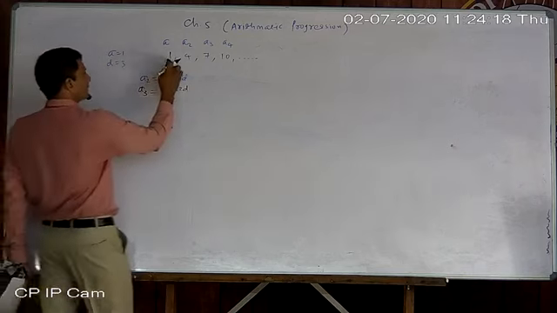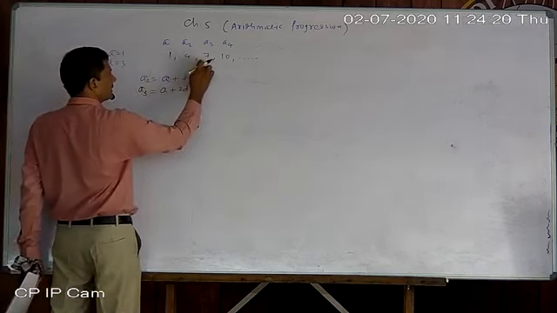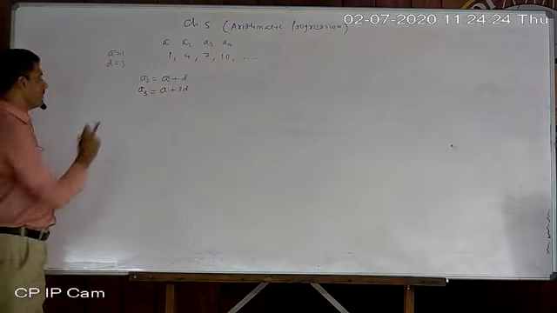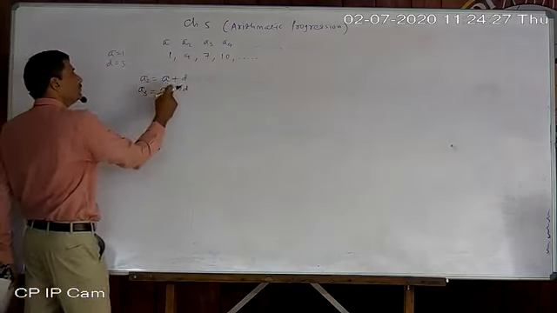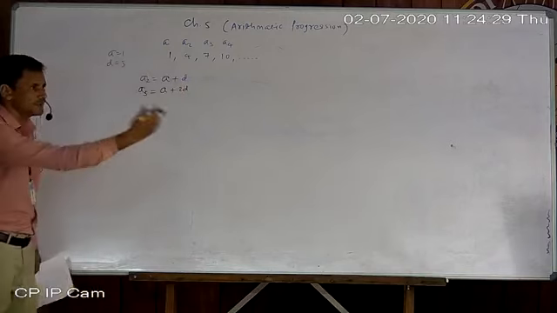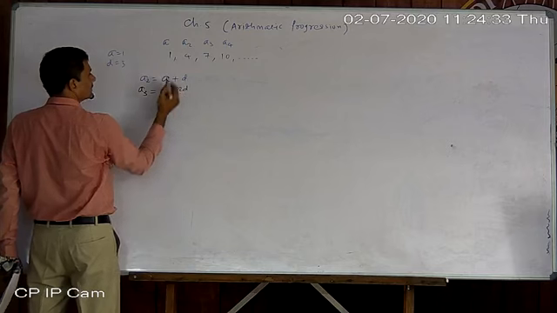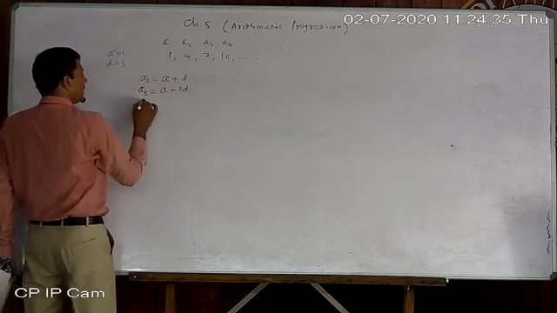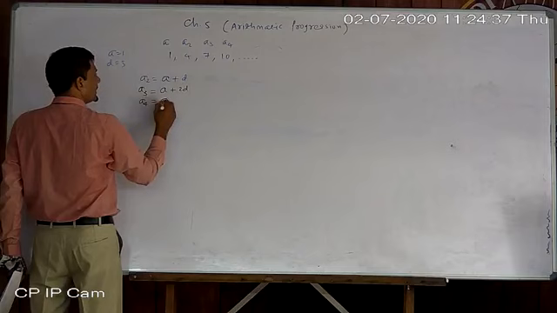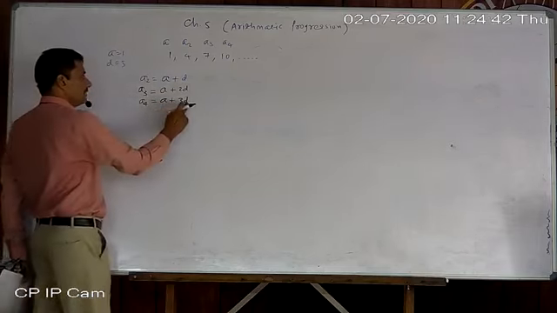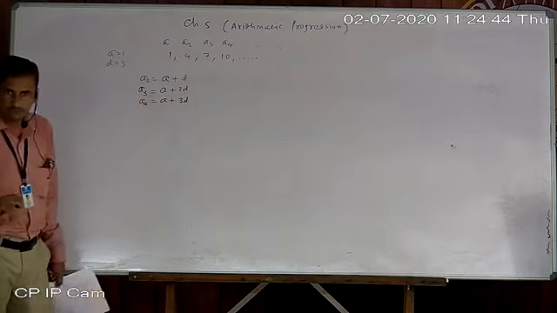You can write first term plus 3, second term plus 3, third term plus 3, fourth term, but we don't go that way. We always try to find a particular term from the first term. So A plus 2D, why? 2D equal to 6, so 1 plus 6, 7. A4 is A plus 3D. Okay, so from the first term and the difference you can find any term.